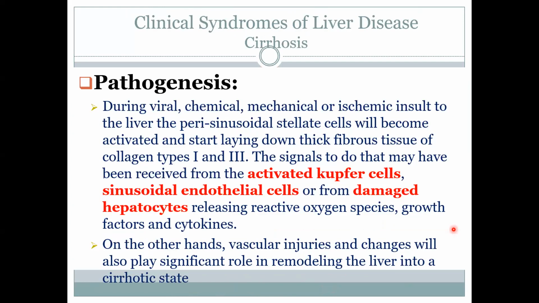All right, so the pathogenesis, this is just going over what we have talked about, for those who like to read. But add to it the vascular injuries that, as I mentioned to you, are very important. What kind of vascular injuries do you see in cirrhosis?